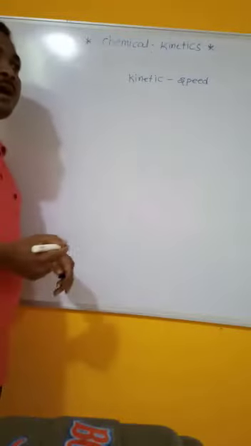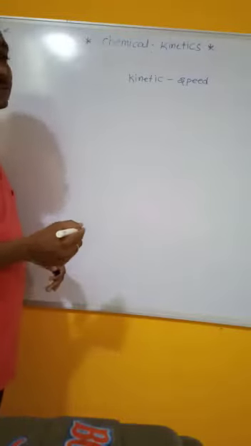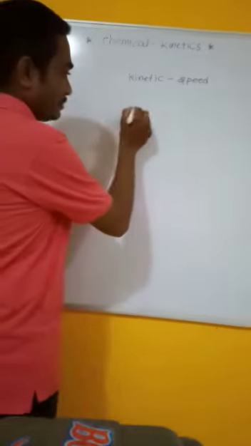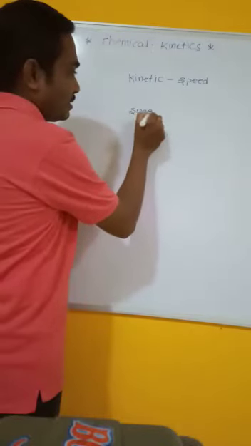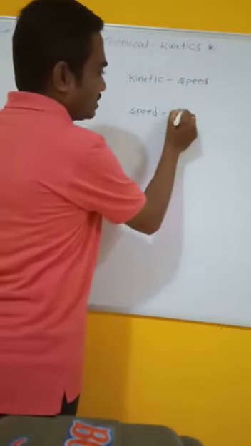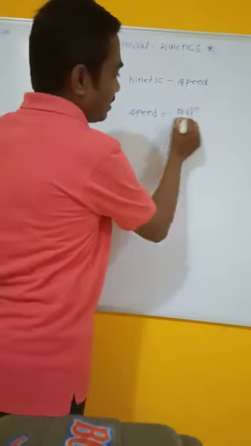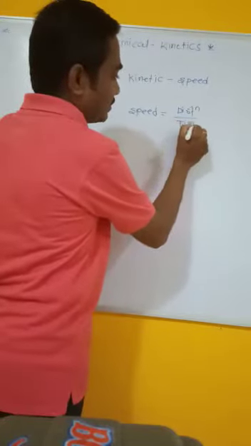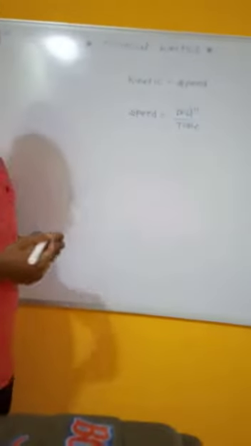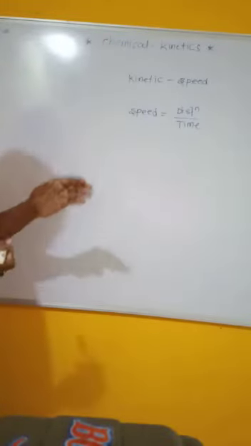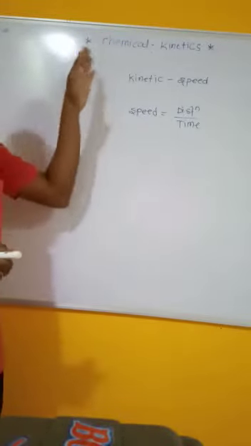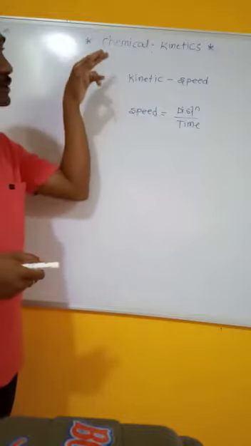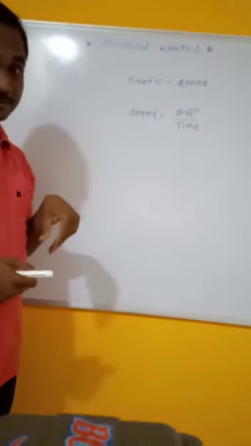You know how you can calculate the speed of any vehicle: speed is equal to distance divided by time. But this chapter is named chemical kinetics. That means we have to find out the speed of chemical reactions.